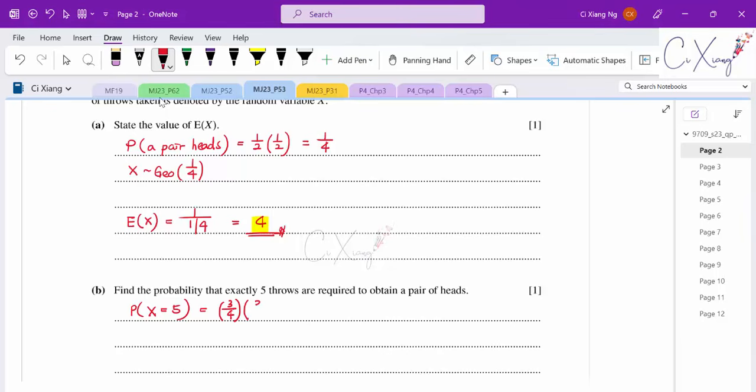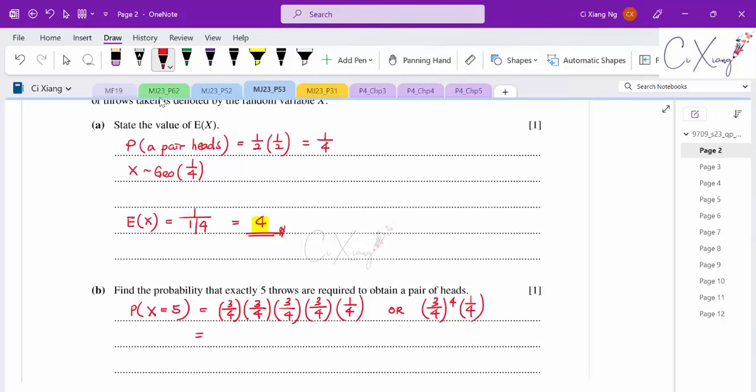Same thing for the second throw. If the second throw also didn't get a pair of heads, the probability will be 3/4 as well. Then the third one also 3/4, the fourth one also 3/4, and then the fifth one, only then we get a pair of heads, so the probability is 1/4. Of course, you can write it as (3/4) to the power 4 times 1/4 for the 5th throw.